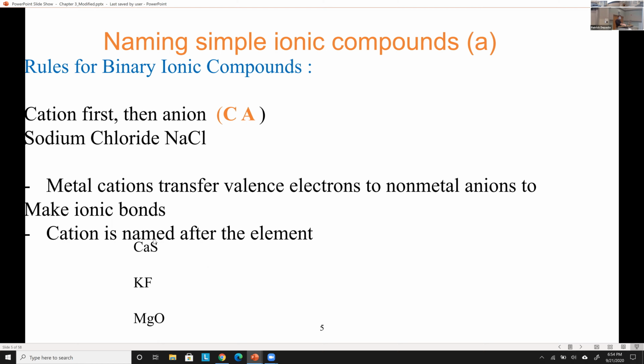Okay, so let's name them. What's the first one here? CaS. Ca is what? Calcium. And S is? No, not sulfur. I heard sulfide. I heard someone say it. Did you say sulfide? Oh, okay, cool. So collectively we got it.